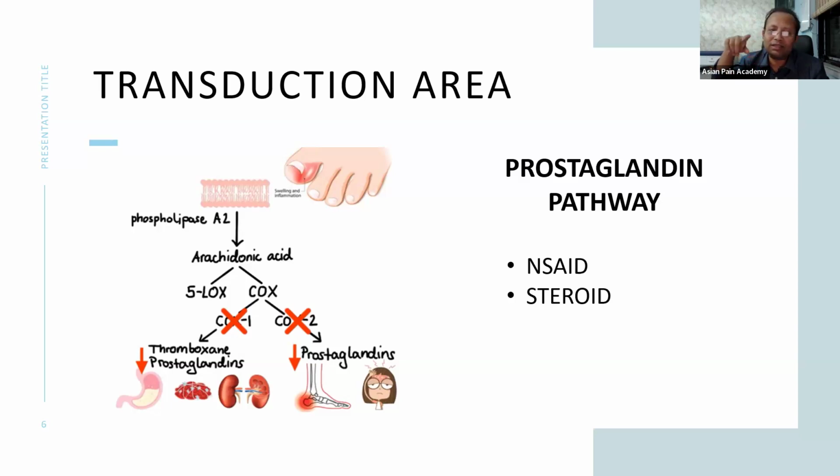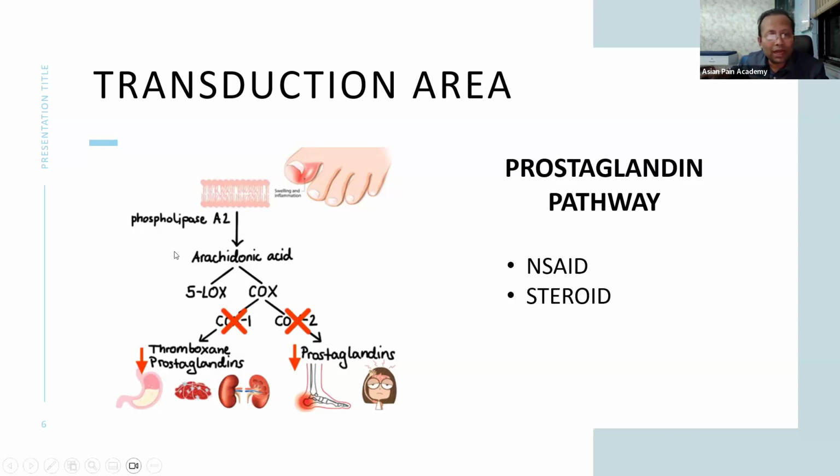Then cyclooxygenase and lipoxygenase, these COX basically form the prostaglandins, different types of prostaglandins. Some prostaglandins are good and some prostaglandins are bad. But mainly this is the area where we want to stop the pain, and we have few drugs: one is NSAID and one is steroid.